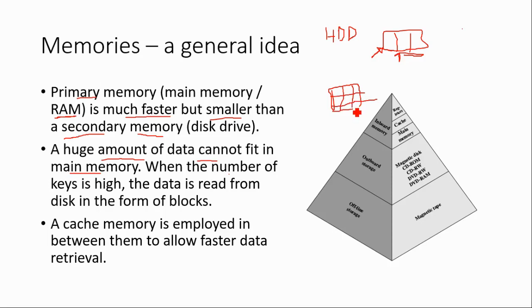how do we access or work with the data which is stored on the secondary disk? When the number of keys is high, the data is read from disk in the form of blocks. The meaning is that if you want to access and process data from secondary memory, then you have to transfer data from the secondary memory to the main memory, and you do that block by block.